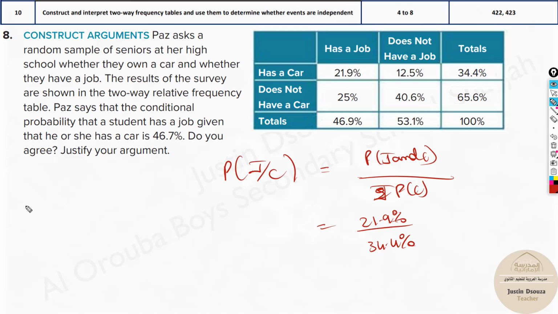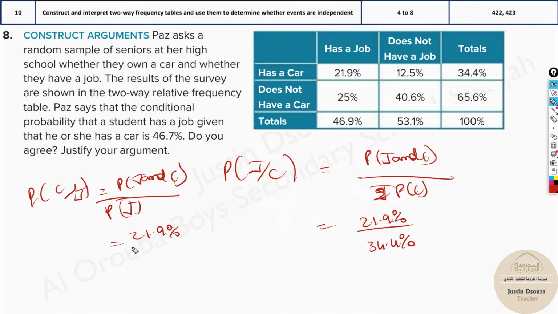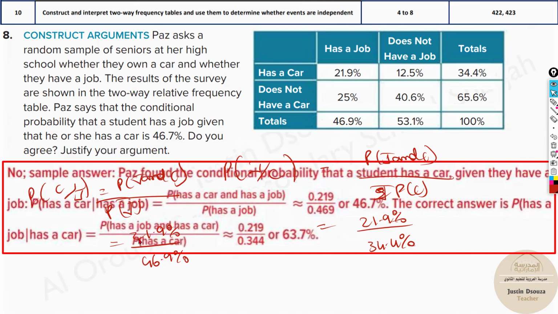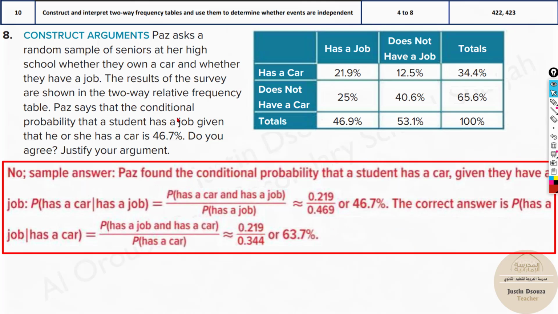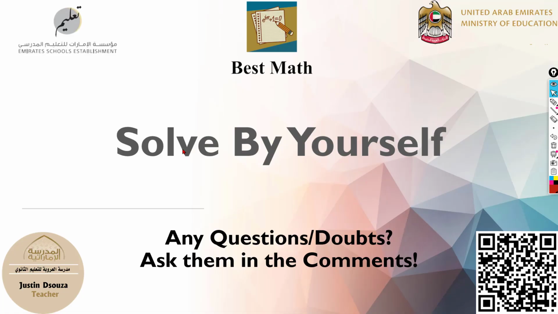If you take the probability of C given J, that is the probability of J and C, or C and J, it's the same thing, divided by the probability of J. Now the first value is the same, 21.9%, but instead of taking this value, she has taken the job value, that is 46.9%. When you solve this, you get 46.7%. That is the mistake which Paz has made over here.